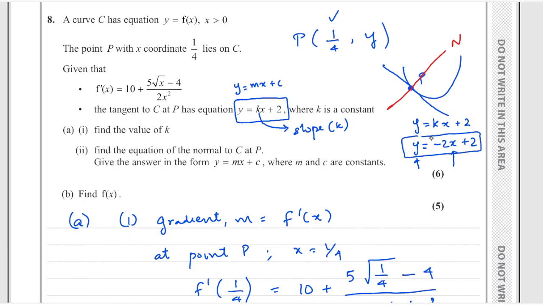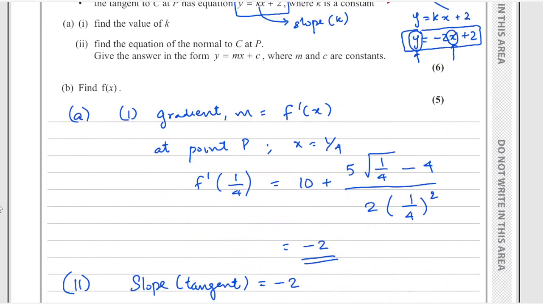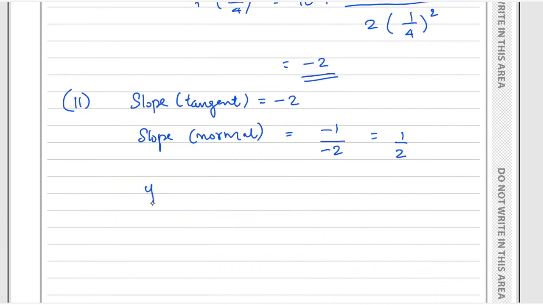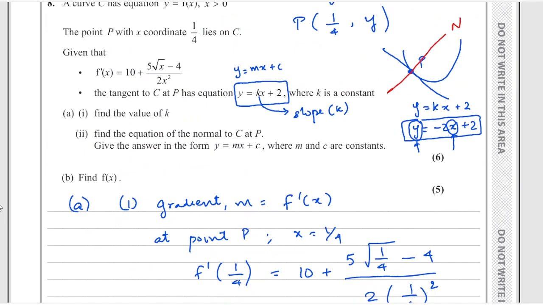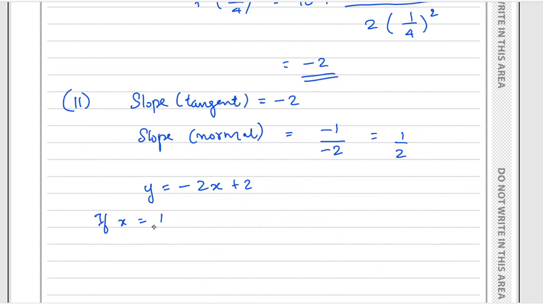So I repeat, if we plug in the value of x over here, we are going to get the y coordinate because the point P lies on the tangent y is equal to minus 2x plus 2. So in y is equal to minus 2x plus 2, I plug in x is equal to the x coordinate of the point P, that is 1 by 4.